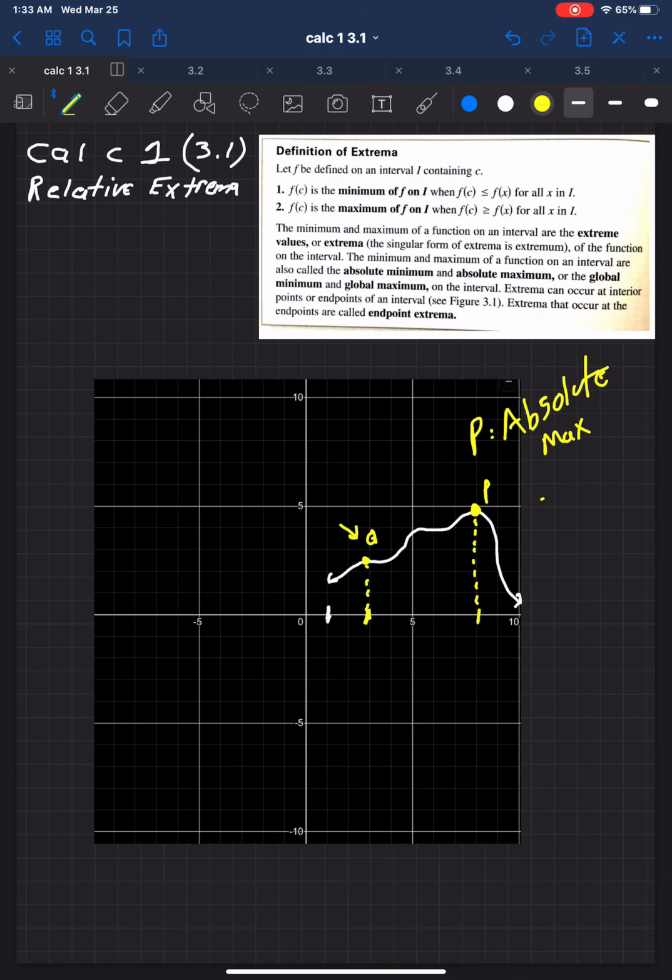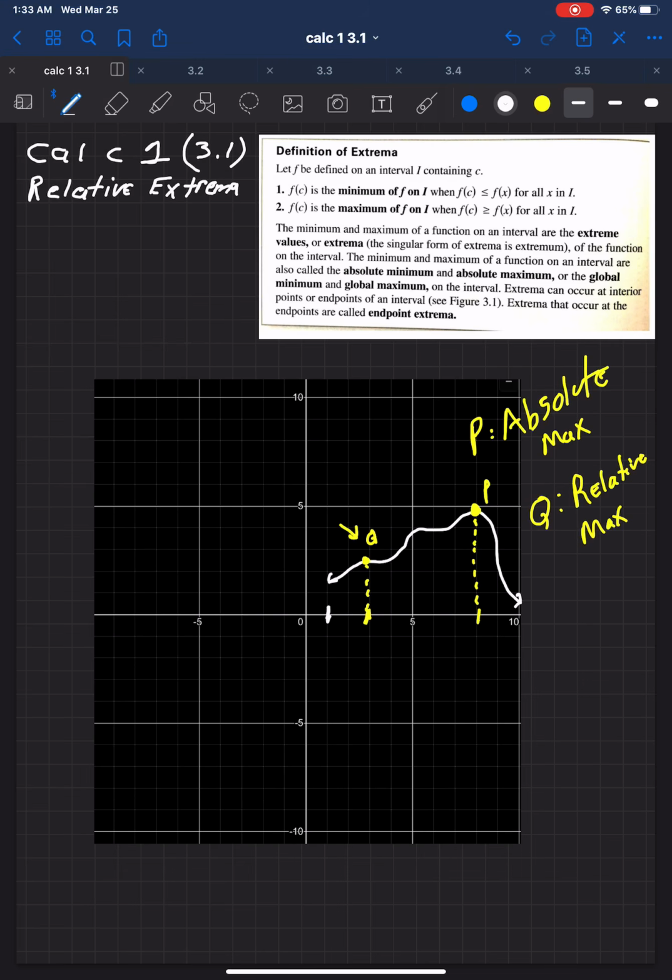Now, point Q can also be thought of as a maximum, but we would qualify that by saying it's a relative maximum. In other words, relative to your surroundings. If you took a step to the right or a step to the left, you would be making less money.